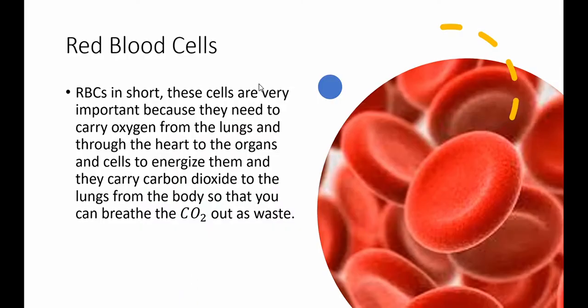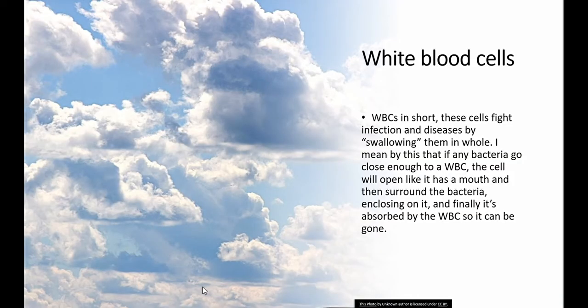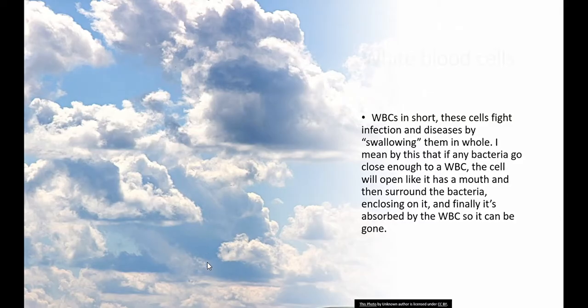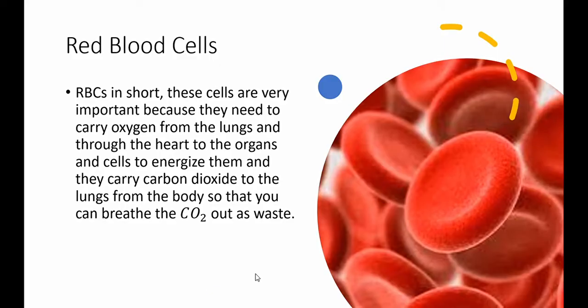Now, red blood cells. RBCs in short, these cells are very important because they need to carry oxygen from the lungs and through the heart to the organs and cells to energize them, and they carry carbon dioxide to the lungs from the body so that you can breathe the CO2 out as waste.